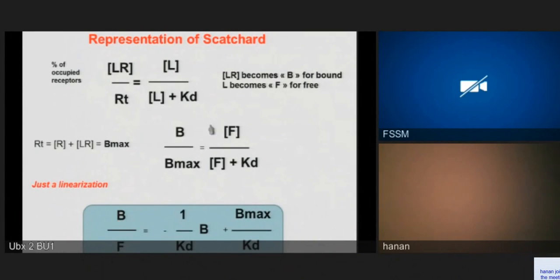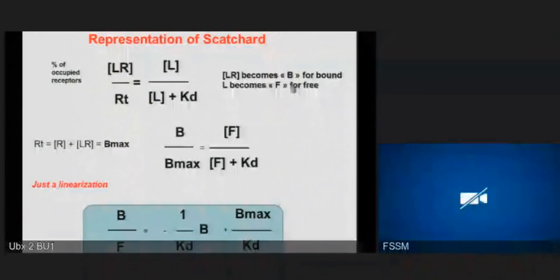So B, which is LR, B for bound, over F equals minus 1 over KD times bound plus B max, this is R total, over KD.